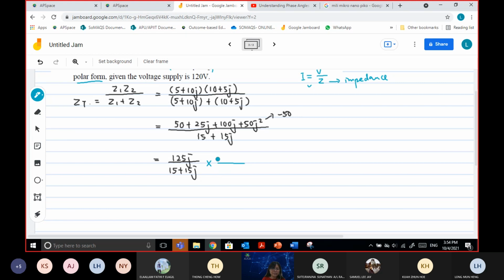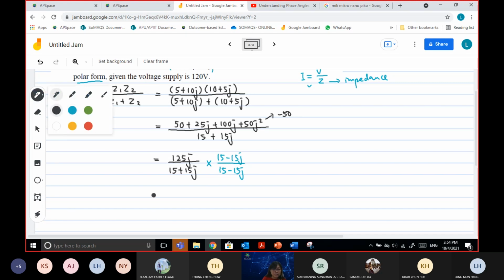What should I multiply? So now we deal with the division. Remember the conjugate? Yes, 15 minus 15J. Correct.